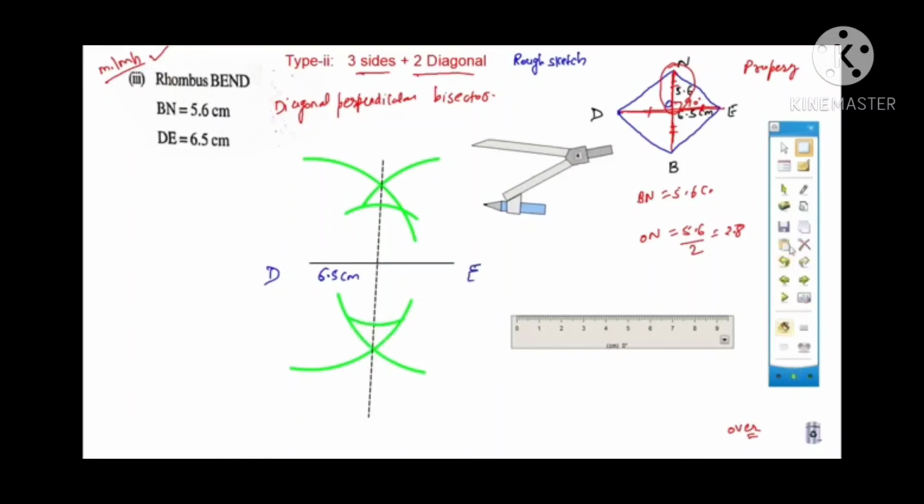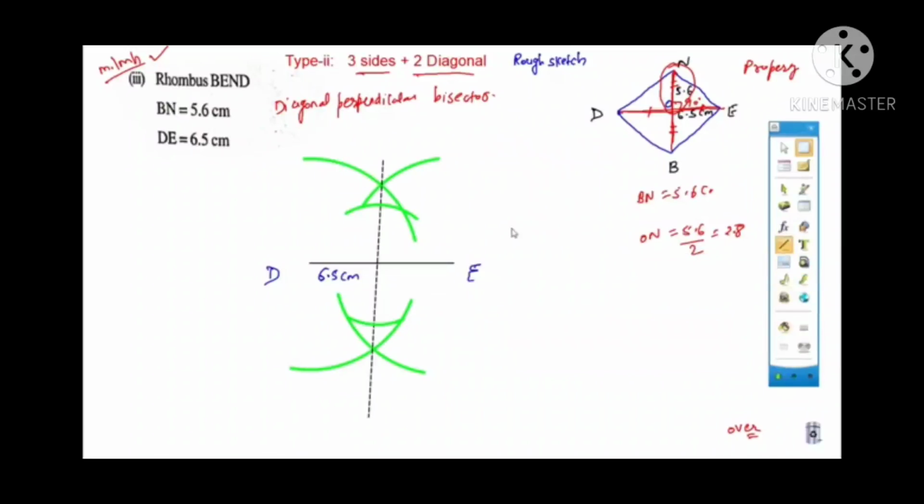Now join the lines where you have cut at 2.8 centimeter. No, there you have to join the arc, join the lines. Don't join at the previous arcs. You have to join the lines exactly at 2.8 where you have cut now, just because it is a measurement given in your question.